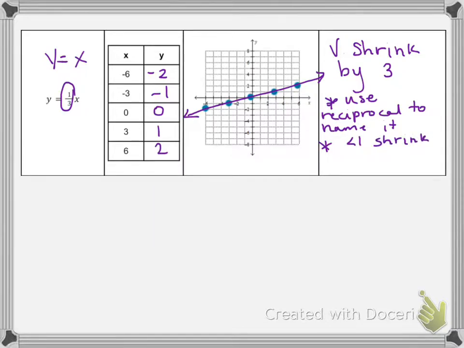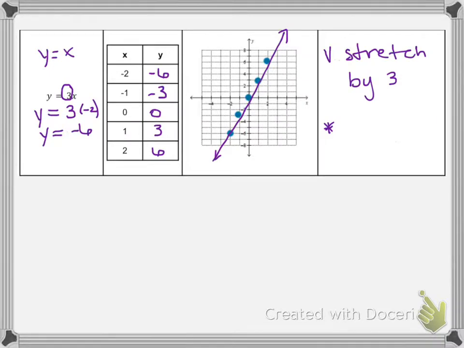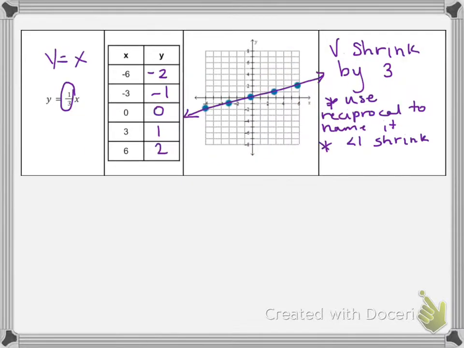And if I go back a page, if my number is greater than 1, it's a stretch. Okay? If it's less than 1, or if it's between 0 and 1, really. If my number is between 0 and 1, let's see.